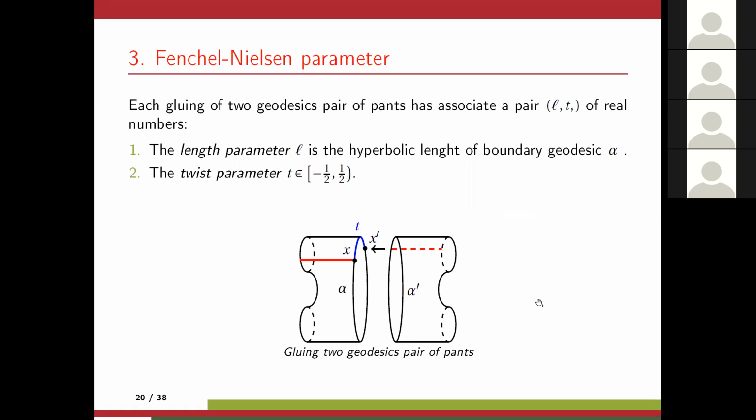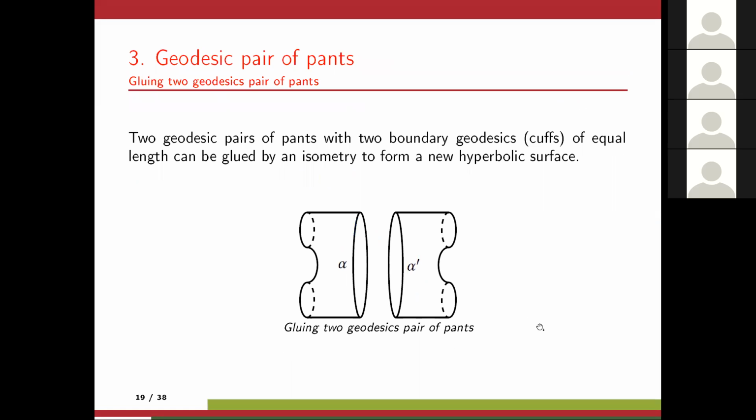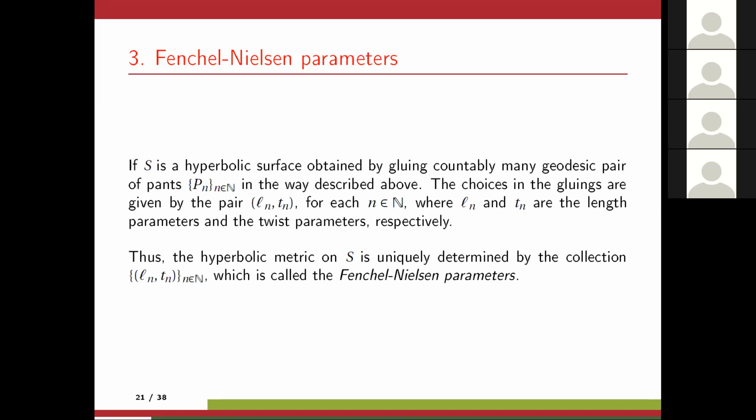Now I'm ready to define the Fenchel-Nielsen parameters. If you have a hyperbolic surface obtained by gluing countably many geodesic pairs of pants, in this case the family is P_n with n a positive integer, in the way described in the previous slide, the choices in the gluing are given by pairs, length parameter and twist parameter, right?